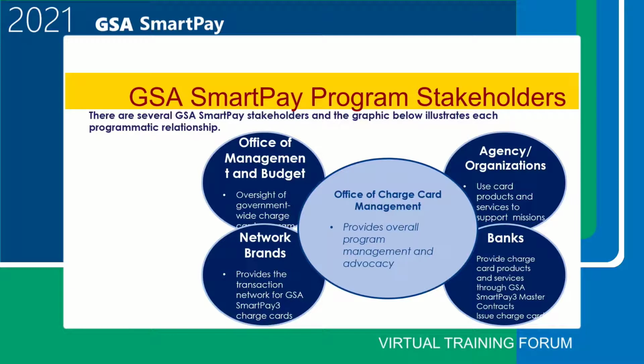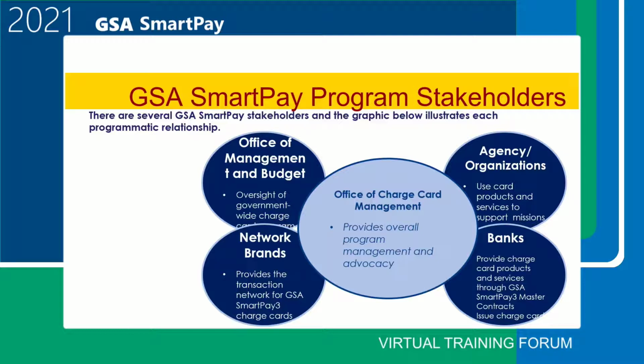All right, so there are several components of the SmartPay stakeholders and who's doing what and supporting the program. Obviously, the Office of Charge Card Management, or SmartPay, provides overall program management and advocacy. The master contract, as you are aware, is issued by GSA. We negotiate all that, compete it, and everything. OMB provides some oversight. The network brands, so you think of your Visa, MasterCard, those brands that we use, obviously have a big support in the program.